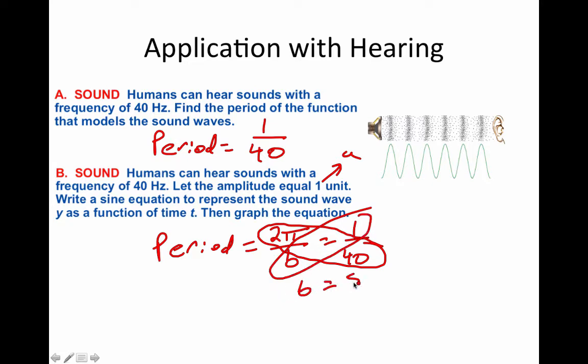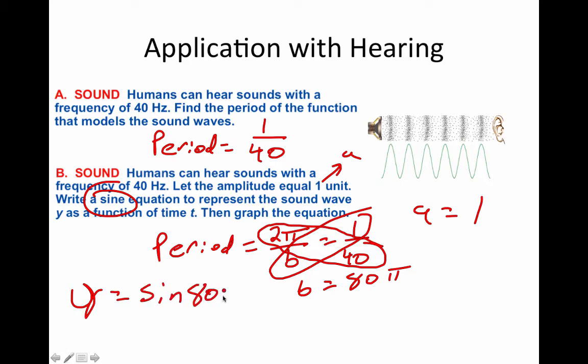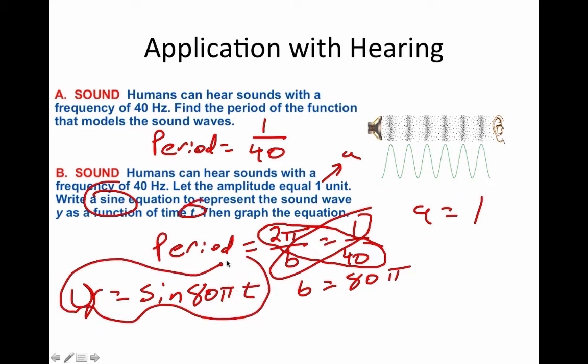B is equal to 80 pi. So if I'm going to write the equation with an amplitude of 1, and it wants a sine curve, y equals 1 sine, b goes here, 80 pi, they want time t. There's my equation for it.